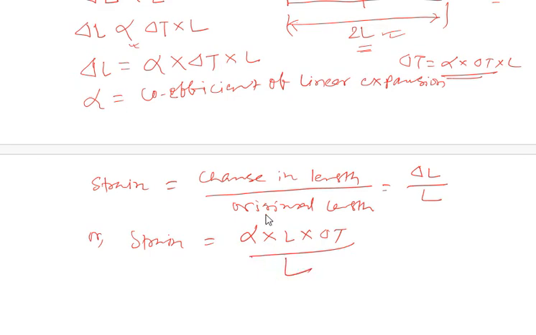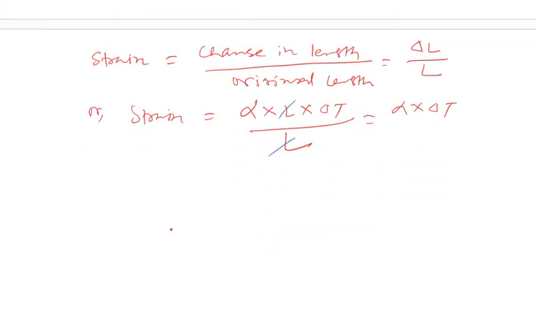So here this L and L will be cancelled. So finally the value of strain will be alpha into delta T. So we got the value of strain. This is known as thermal strain. So thermal strain is equal to alpha into delta T.